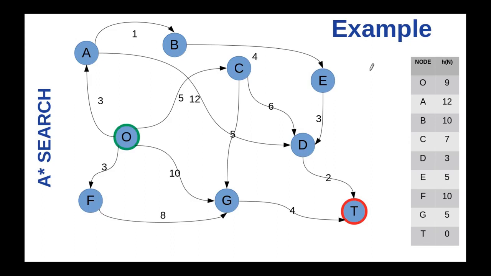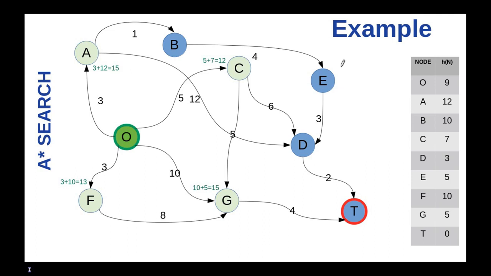We will now use the A* search algorithm. As you will see, this method will use both the real cost of going from one node to the neighbors and also the heuristics of this candidate, of this neighbor.